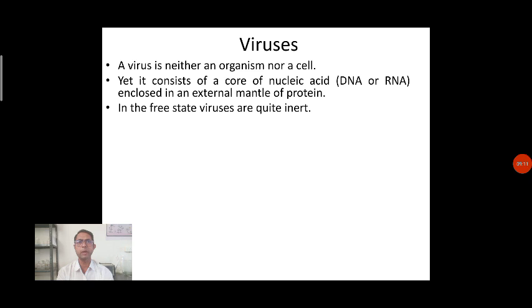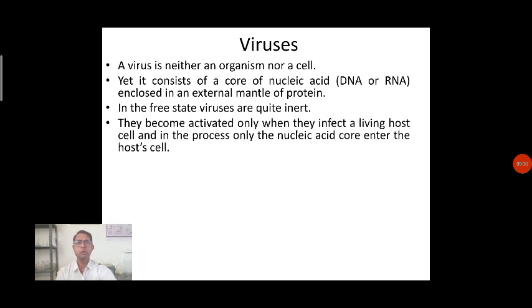In the free state, viruses are quite inert. Inert means that until they get a host, they will remain as they are. They don't show any activity, and they cannot do anything. They become activated only when they infect a living host cell, and in the process only the nucleic acid core enters the host cell.